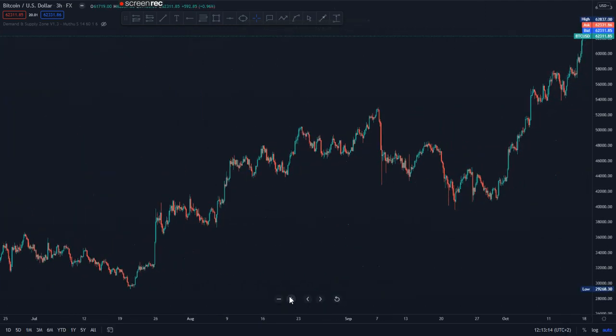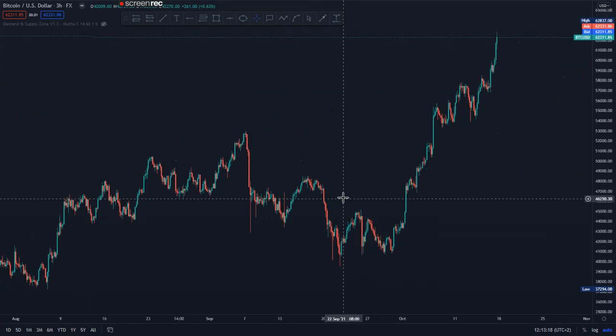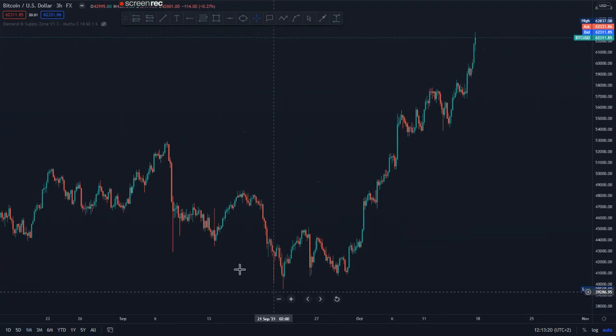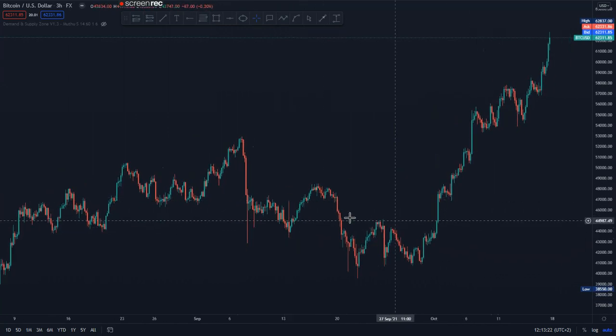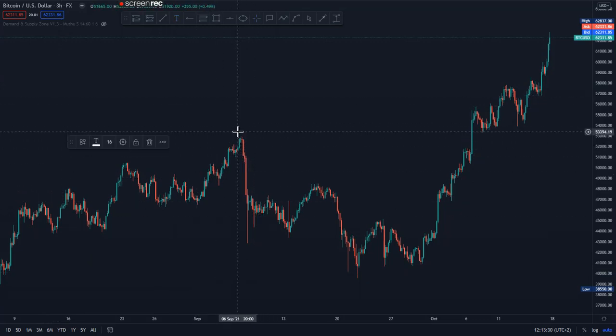This is Bitcoin. This is currently happening right now. Okay, what are we seeing here? Personally, I see the price was in an uptrend, then it dropped. Once price drops, that becomes suspicious.